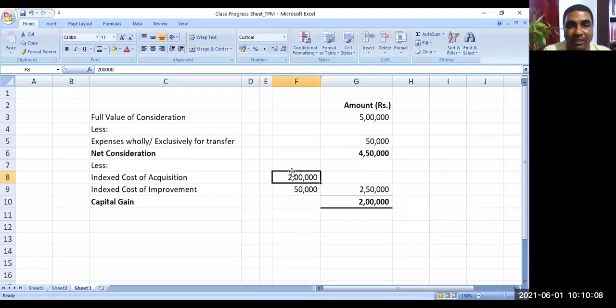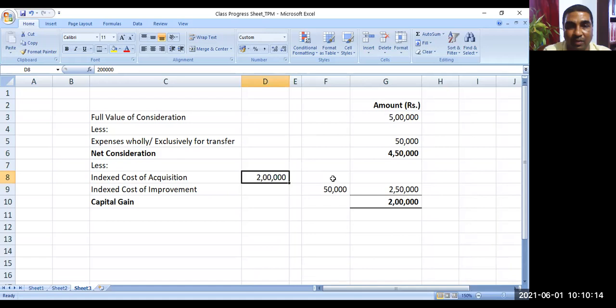The indexed cost of acquisition will be something like this. Let us say the cost of acquisition is 2 lakh rupees, but the indexed cost of acquisition will be how much? 2 lakh divided by 122 multiplied with 301. Now you see what is the figure we are getting? 4,93,442. Understood? That amount will be deducted.